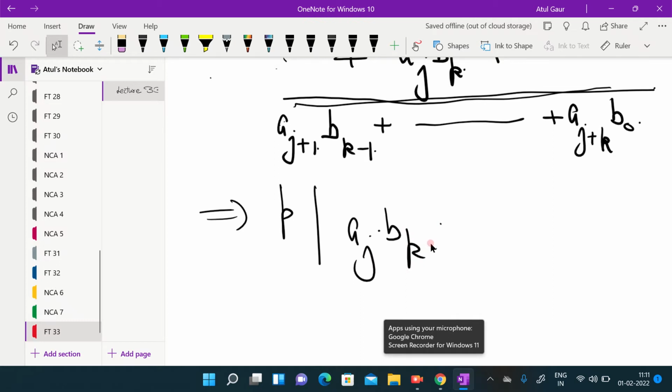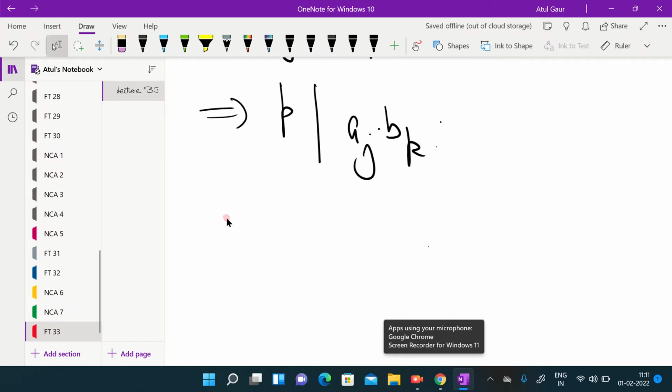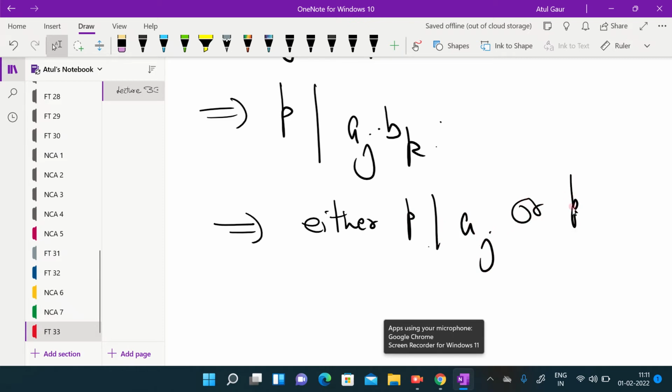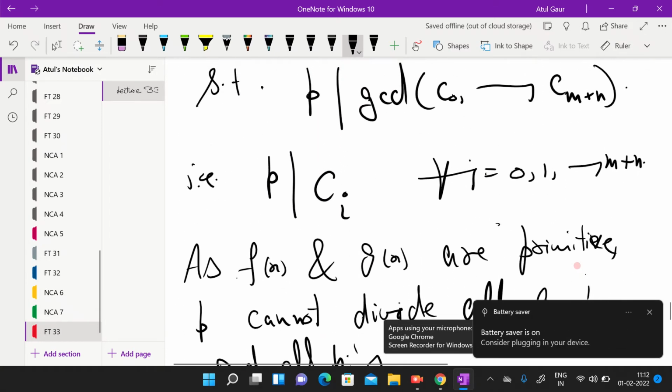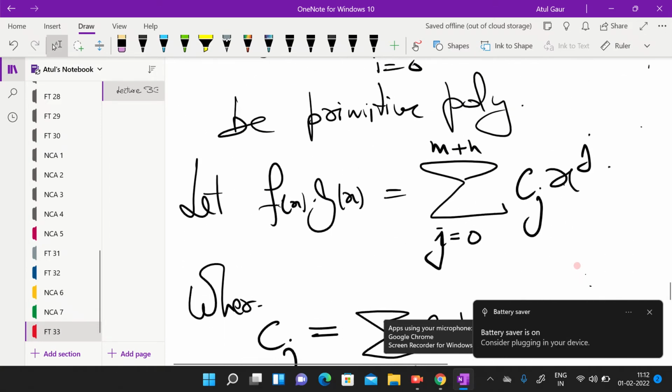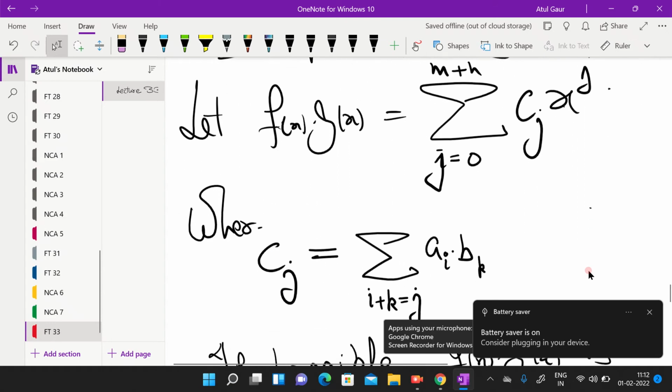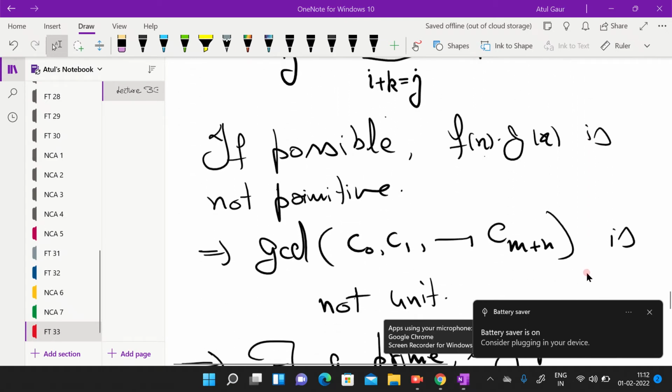But because p is prime, तो definition ही है prime का, तो this means either p divides Aj, but it's a contradiction, right? Or p divides Bk. This is a contradiction. And this you are getting because you said that कि जो product है that is not primitive.